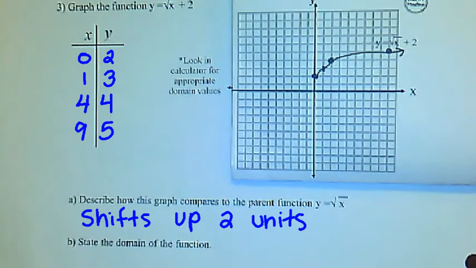Remember, if it's on the outside, it goes up or down. If it's on the inside, it goes left or right.